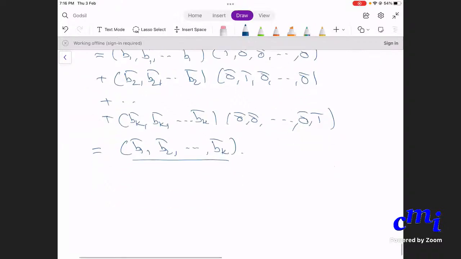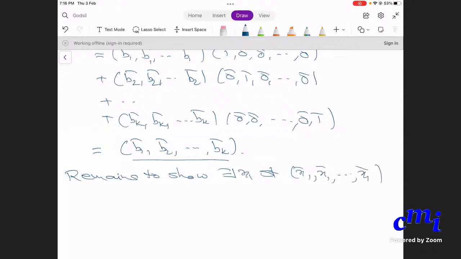So what remains to be done? What remains to show is there exists x1 such that phi of x1, which is x1 bar, x1 bar, x1 bar, equals 0 bar, 0, 1 bar, 0 bar, 0 bar.